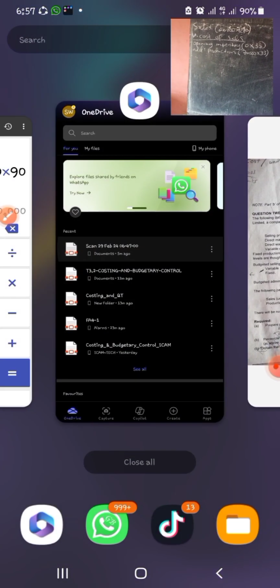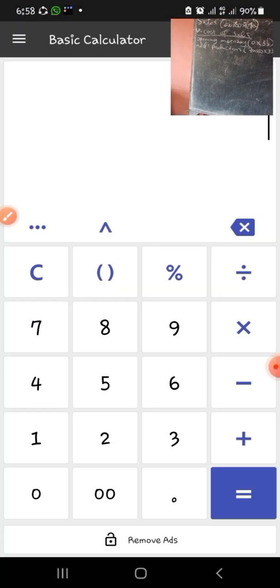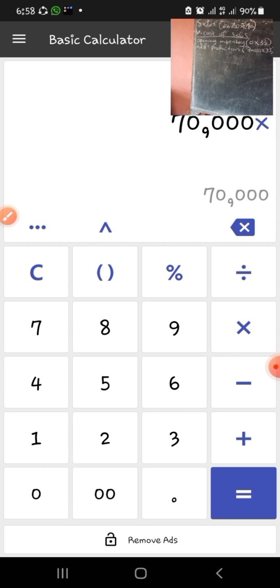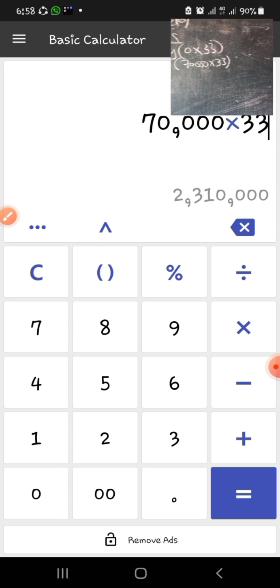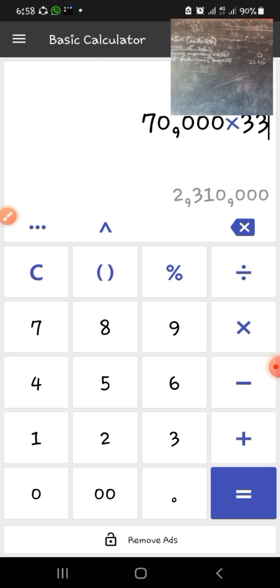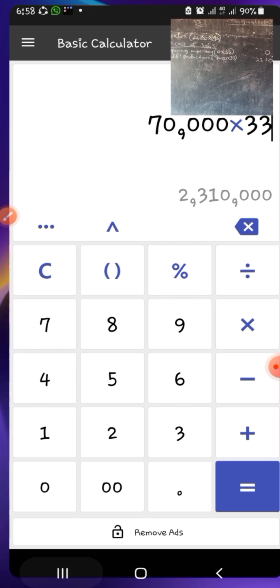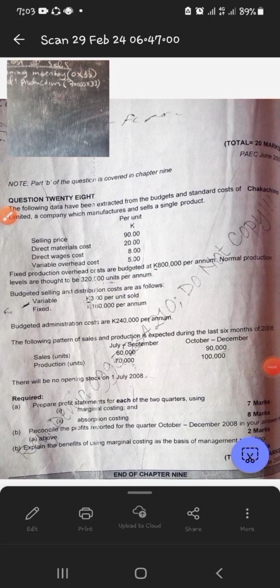On the calculator, 70,000 times 33 gives 2,310. So our production cost is going to be 2,310.